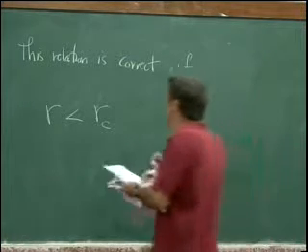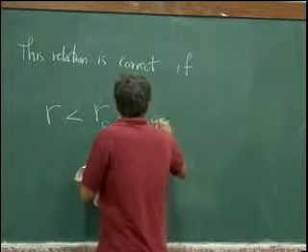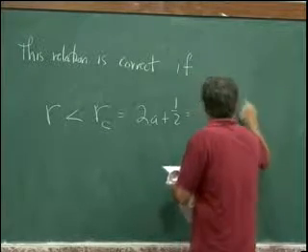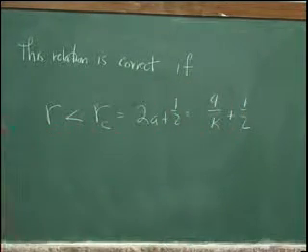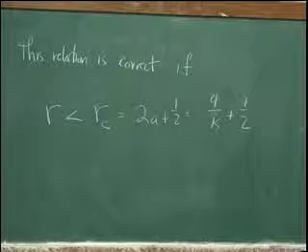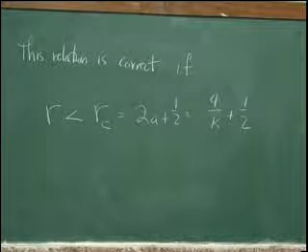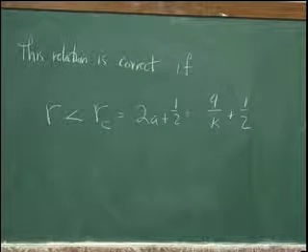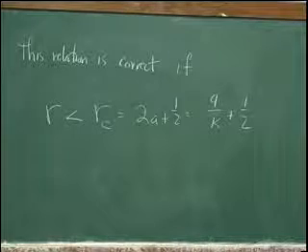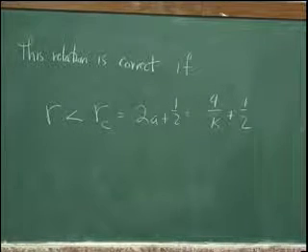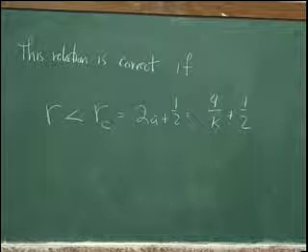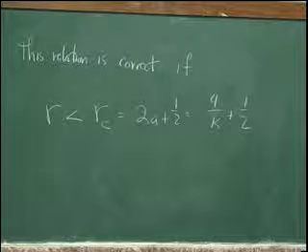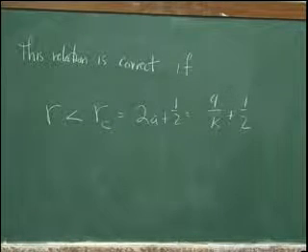And the critical value of r is 2a plus a half, where a is 4 over kappa, plus a half. What we're really interested in, by the way, is the relationship between lambda and zeta. But it turns out when analyzing these things, r is a more useful parameter to base your analysis on. Then you can do your computations in lambda versus zeta.